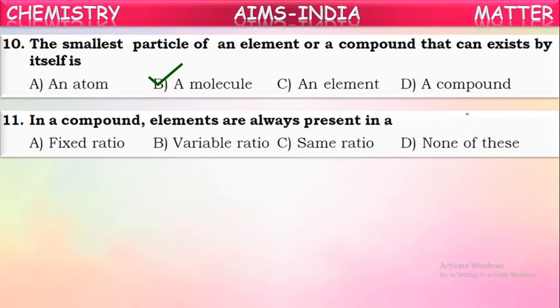In a compound, elements are always present in a... Yes, we are telling that when a compound is formed from two or more elements, they combine in a fixed ratio. So the ratio of the elements in a compound will always be fixed. However you prepare the compound and from wherever you prepare it, the composition of the elements in that compound will be fixed. For example, we told the formation of water from hydrogen and oxygen.